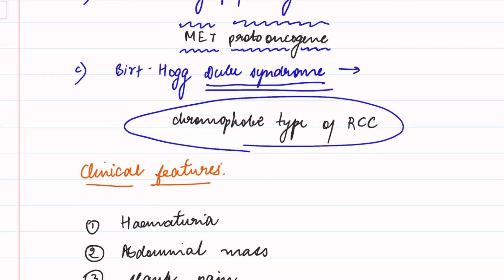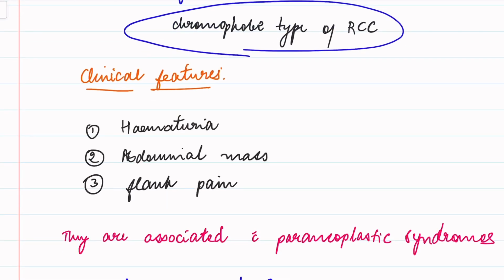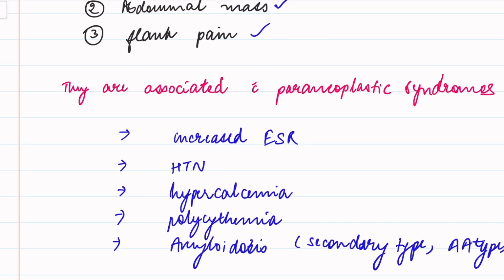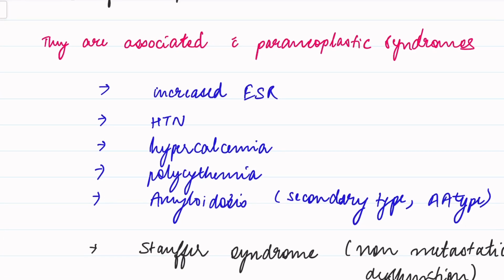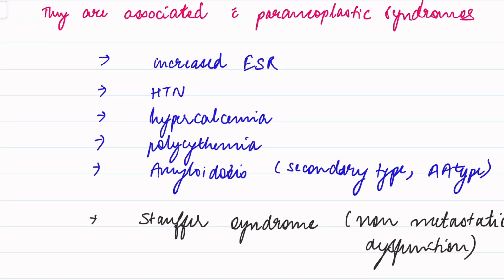Okay, clinical features. The clinical features are hematuria, abdominal mass, flank pain. So these are the three most common clinical complaints in patients of RCC. Now we will come to the paraneoplastic syndromes associated with RCC.